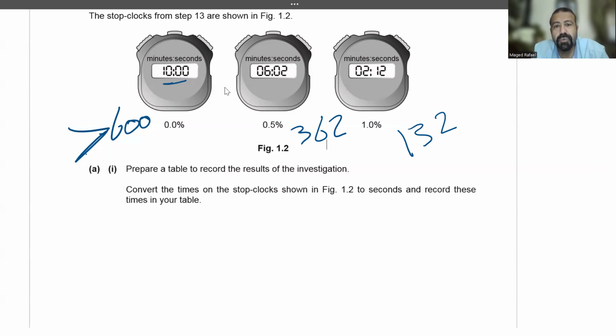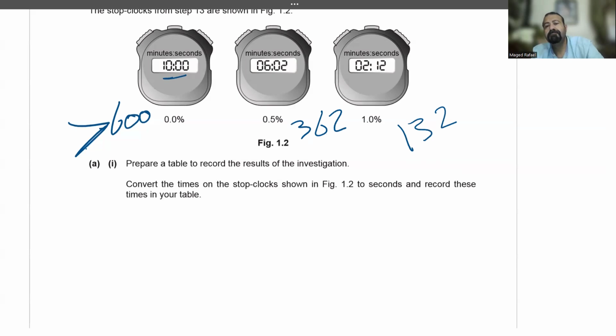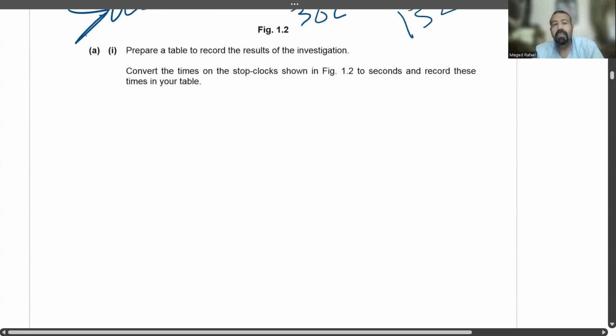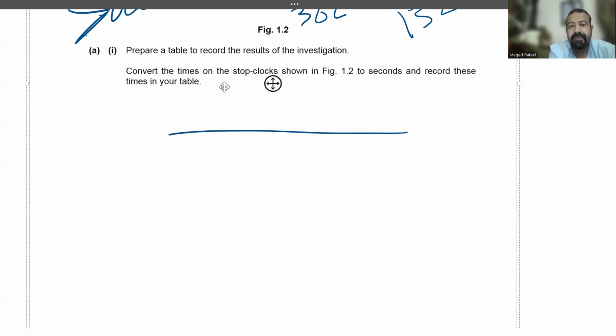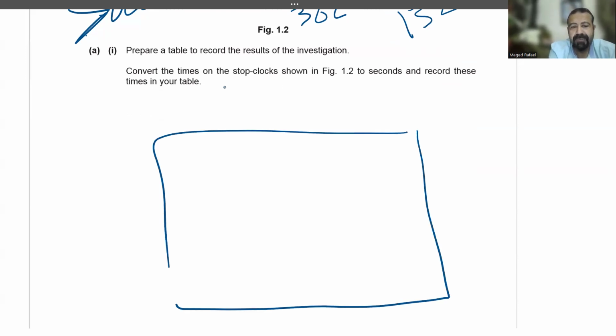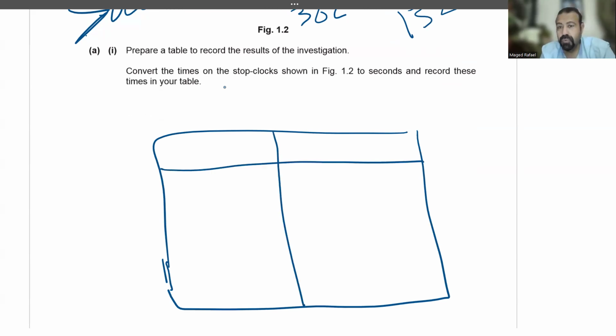And he wants you to draw the table. As I told you several times, how could we draw a table? Using a pencil. What I'm doing here is not that accurate. We should use a pencil, divide it into two columns. The first one, you should write the heading here, and this is the independent part.